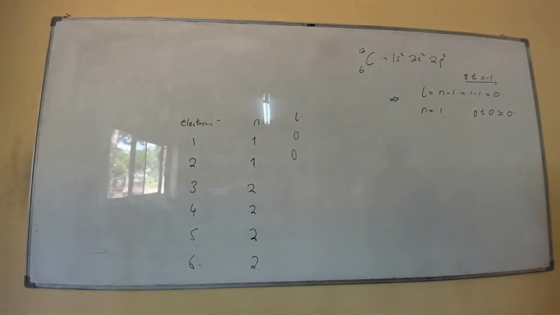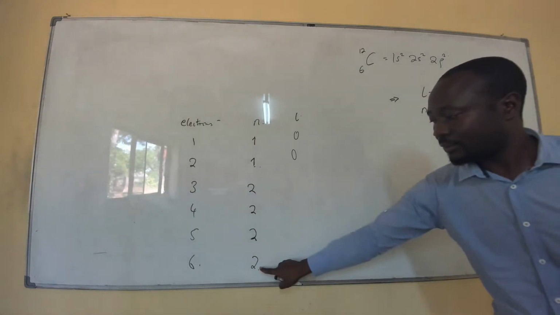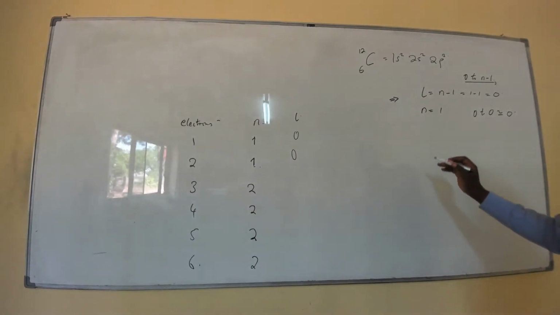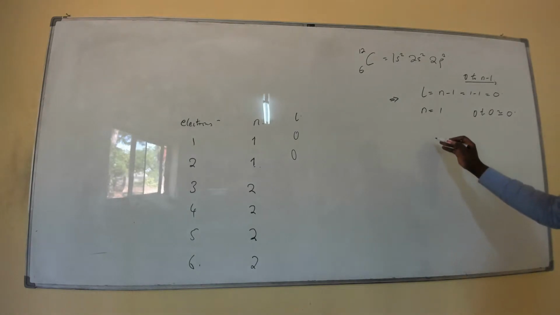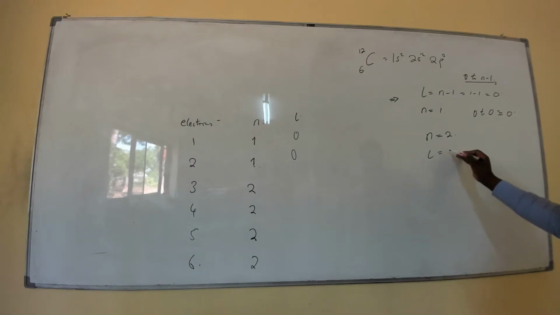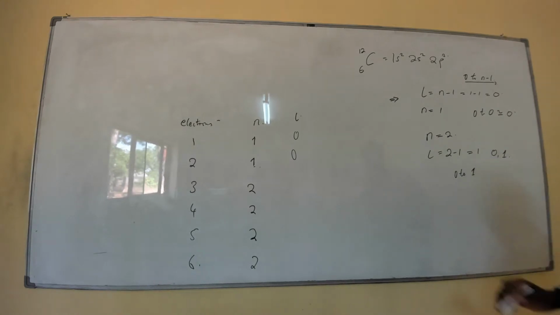Then you go to these 4 electrons. You have N equals 2. So L will be equal to 2 minus 1, which is 1. If we use this rule, it will be 0 to 1. So in short, you have 0 and 1.